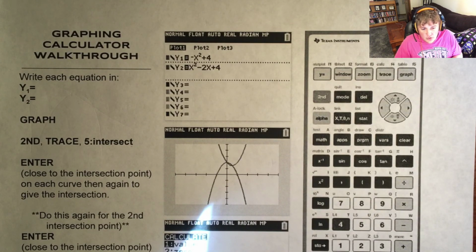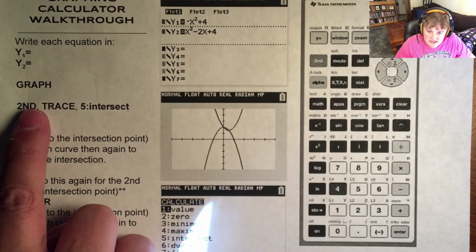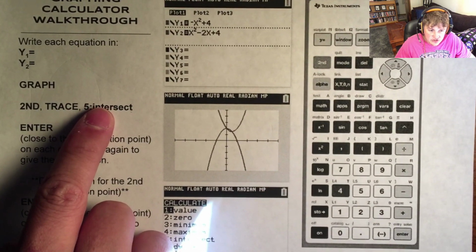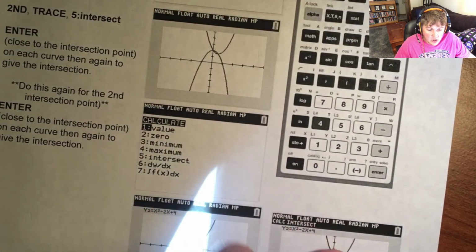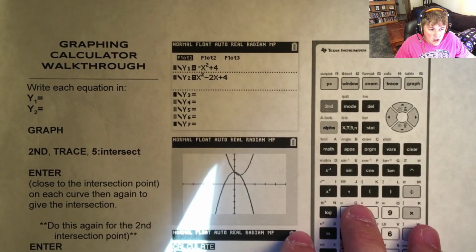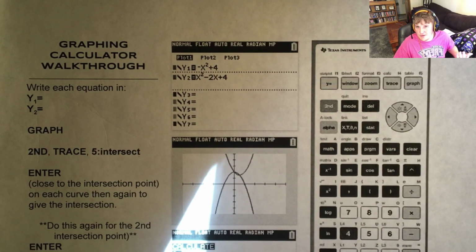So if you want to know when two graphs cross each other, I gave a walkthrough. You're going to write each equation. You're going to hit graph, second trace 5, which is your intersection. Hit enter. It's got all the tips that you're going to need along with screenshots of the calculator. Okay, so go ahead and use this to help get yourself going. But at some point you'll have it just memorized. Okay. So that's there to help you out.